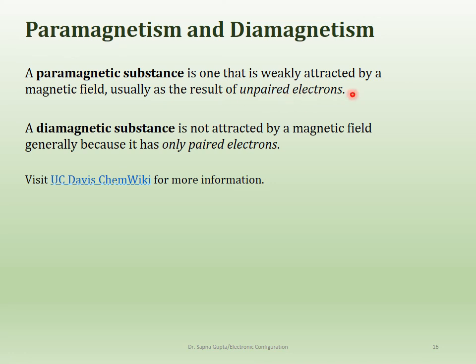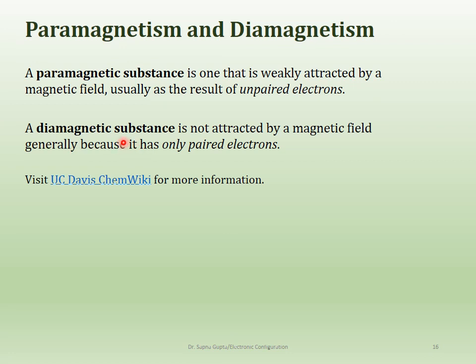If you fill the electrons singly in the boxes, then it means that those substances can be magnetized. Paramagnetism means that an element can be magnetized, and the only way they can be magnetized is if they have unpaired electrons, because all the electrons are spinning in the same direction, so they can be magnetized, just like the earth is also magnetized.